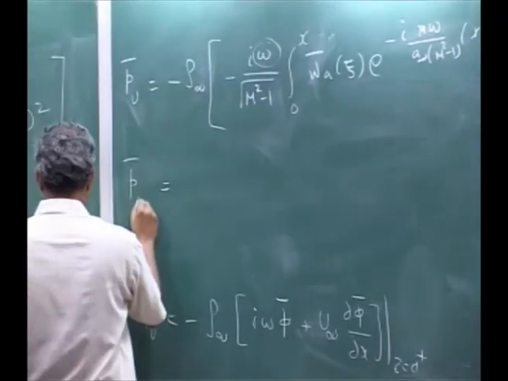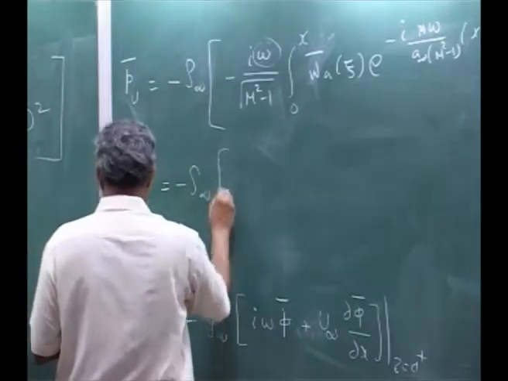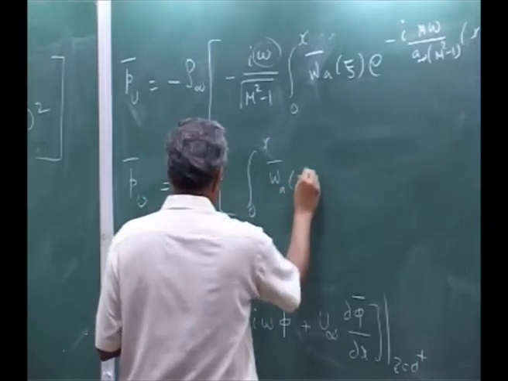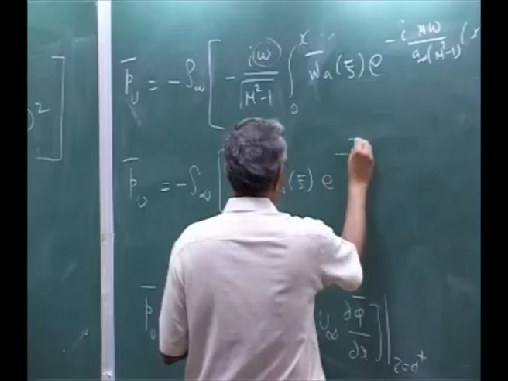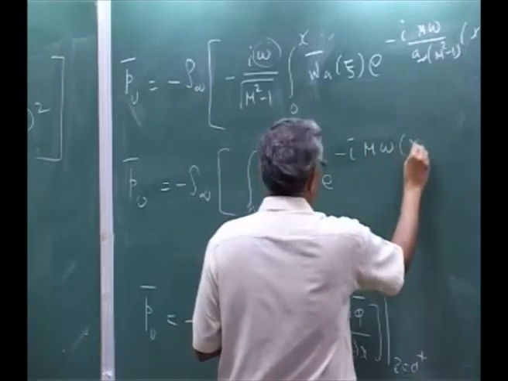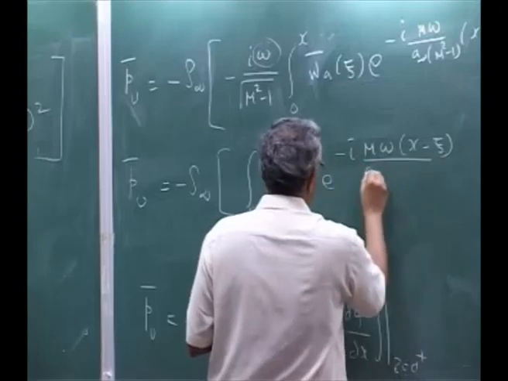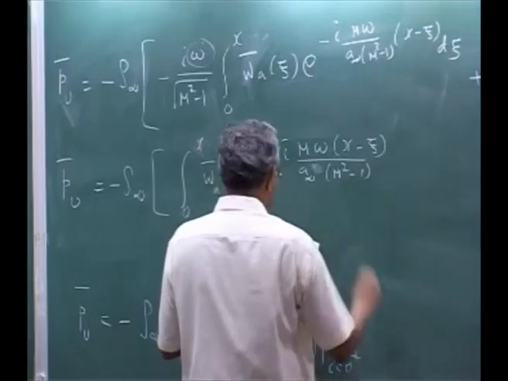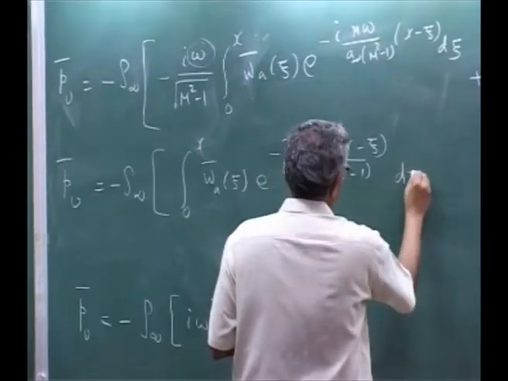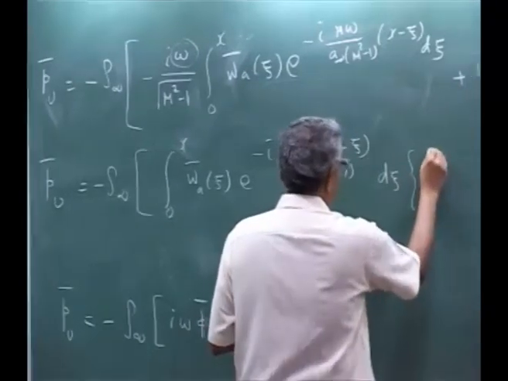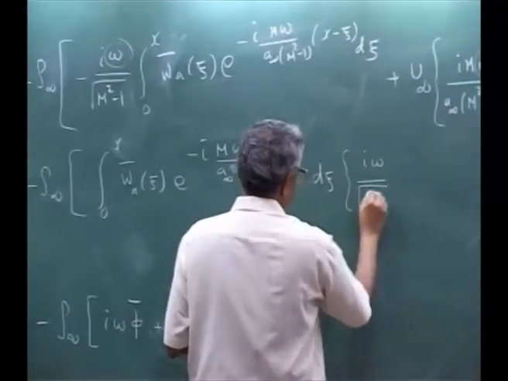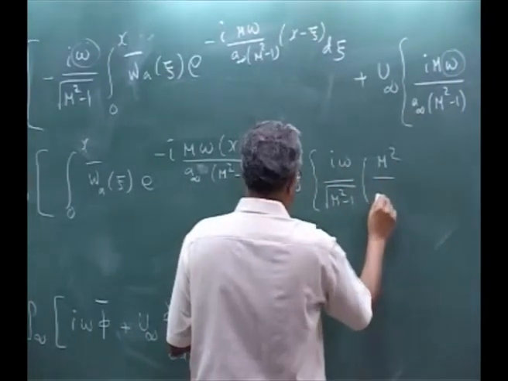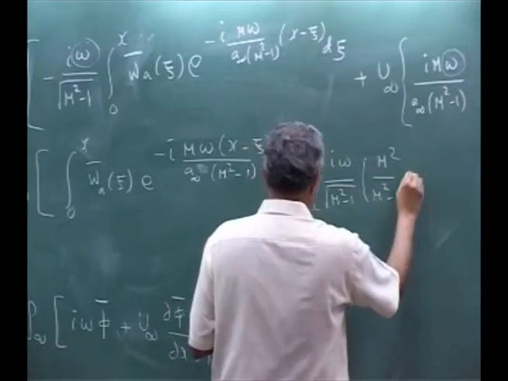That is, p bar u is minus rho infinity integral 0 to x W bar A psi e power minus I m omega into x minus psi over A infinity square, sorry, A infinity m square minus 1 d psi I omega over root of m square minus 1 into m square over m square minus 1 minus 1.